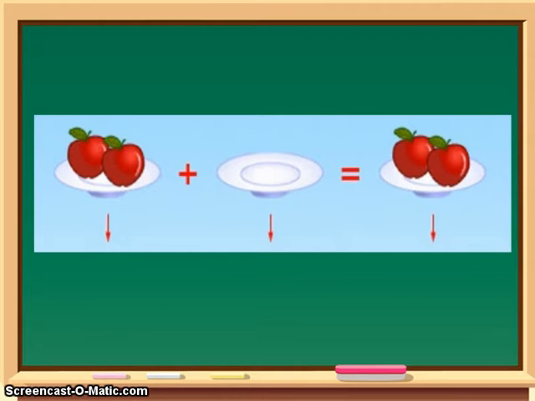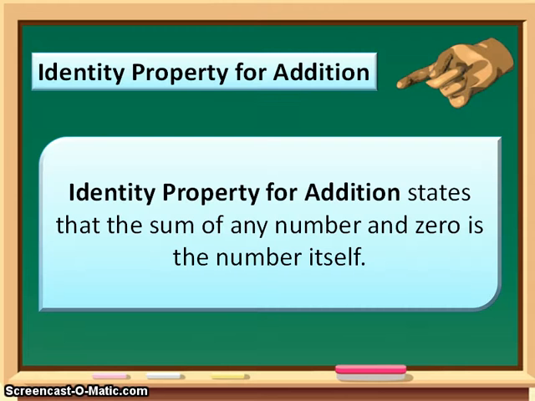Now let's have this next property. If we are to add these two apples with no apples, that would give us these same apples. And this is the identity property of addition.